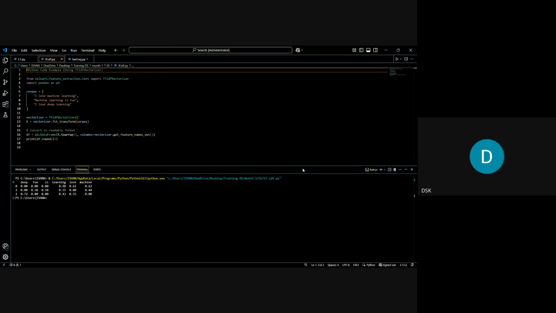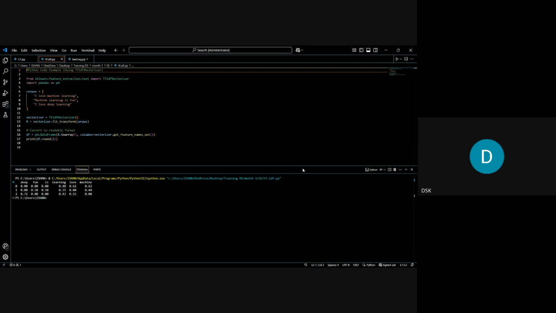So why are values not integers like bag of words? Because TF-IDF gives weighted values that are not simple counts, and the value ranges from 0 to 1 depending on frequency and rarity. So we are using TF-IDF, which gives more meaningful importance. It filters out common words, that is low IDF.